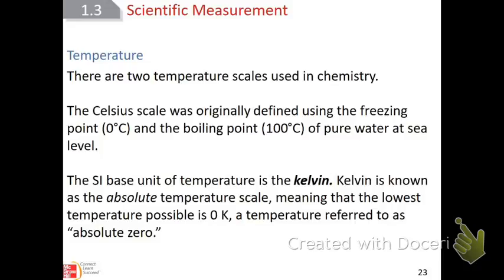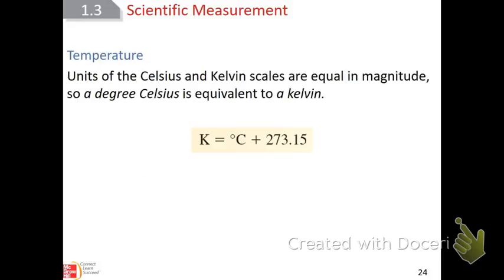All right. And then I'm going to expect you to know this. How do you change from Celsius to Kelvin? And notice, too, that Kelvin does not have a degree on his scale. He just put a K for Kelvin. And to switch from degrees Celsius into Kelvin, you simply add 273.15. So if you have 0 degrees Celsius, which is the freezing point of water, on the Kelvin scale, it would be 273.15.